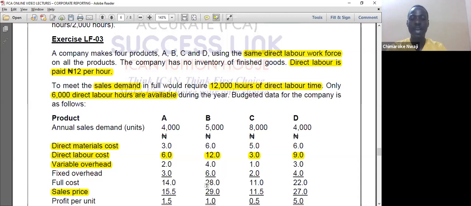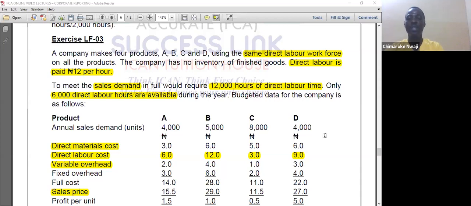What this means is, if you are to make product A, and you are spending 6 naira in 1 unit, and you are being paid 12 naira per hour, you divide 6 by 12, it means that you spend 0.5 hours in 1 unit.